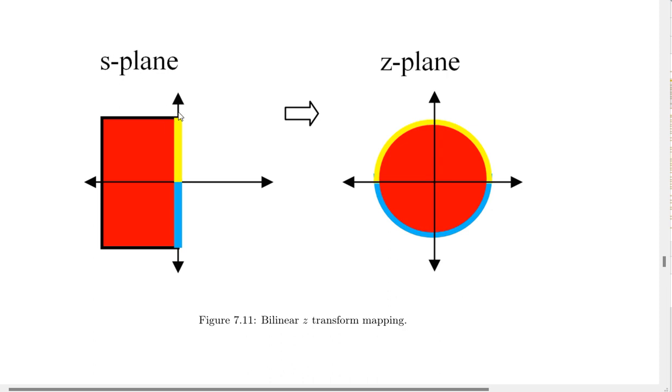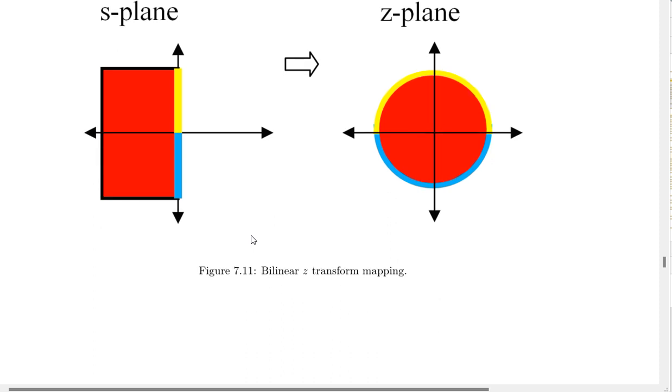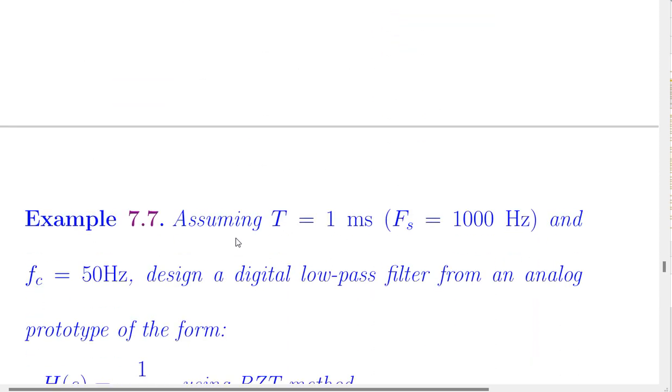When you move along the vertical axis from frequency 0 up to plus infinity, you move from here up to 180 degrees. And the blue sign shows the reverse movement, which is also the reverse movement in the Z-plane. And that's the miracle of BZT.